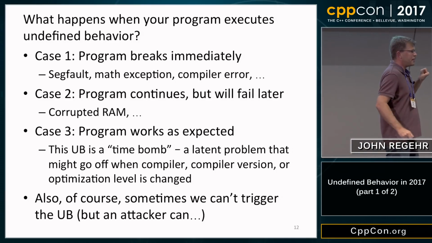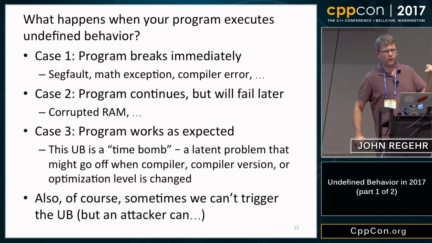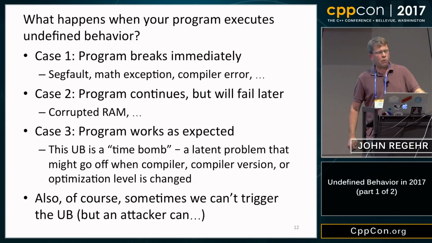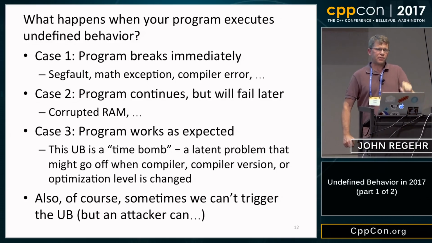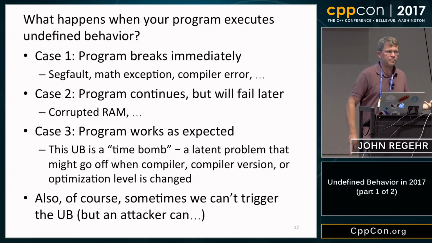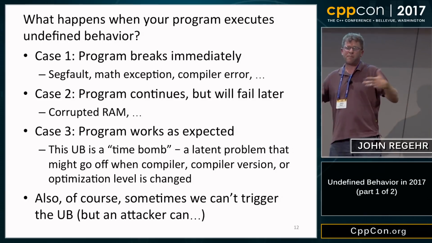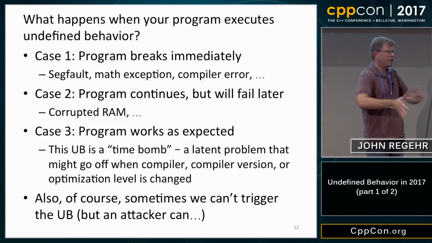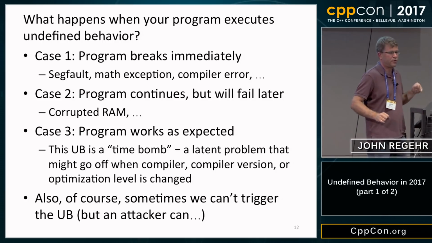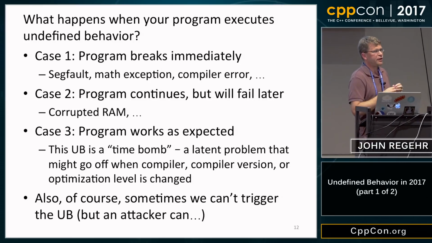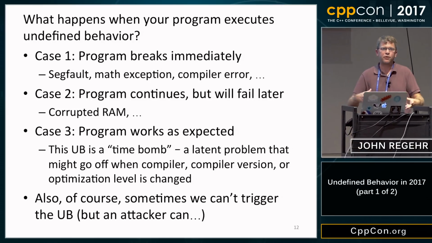Another case is the code works as you hoped it would, but you have a problem moving forward. So for this particular compilation of this program, there was no problem, but changing the compiler options, the compiler version, or the compiler supplier might make the undefined behavior behave badly at a later time. And I like to call these time bombs. They're problems in the code that are latent. They're waiting to go off at some point in the future.